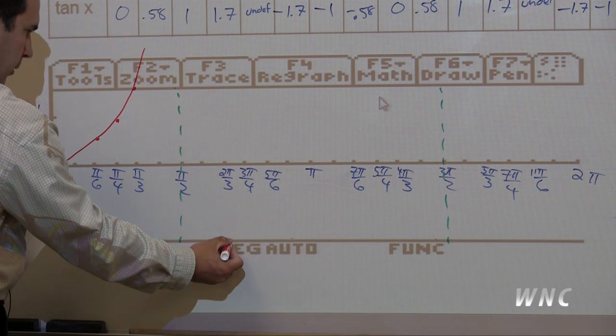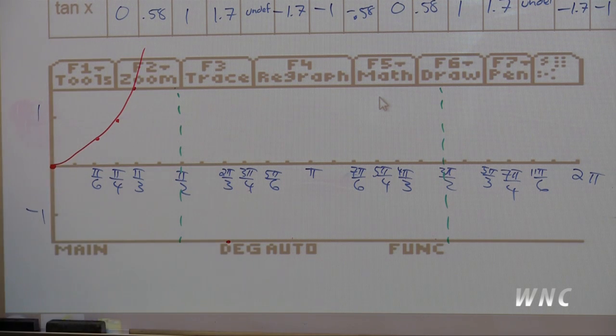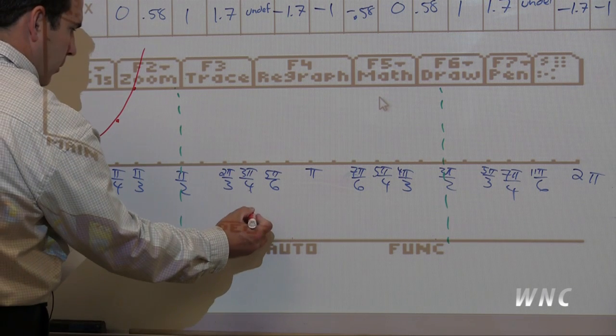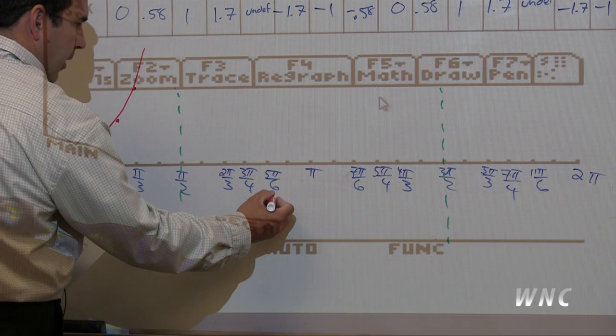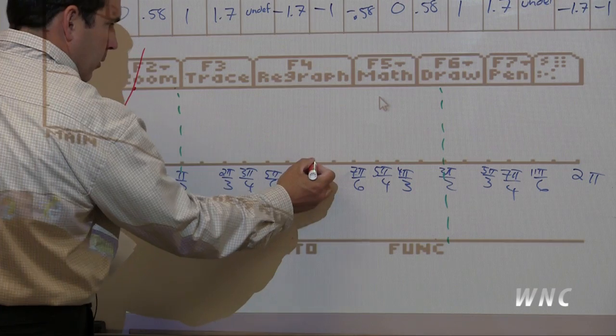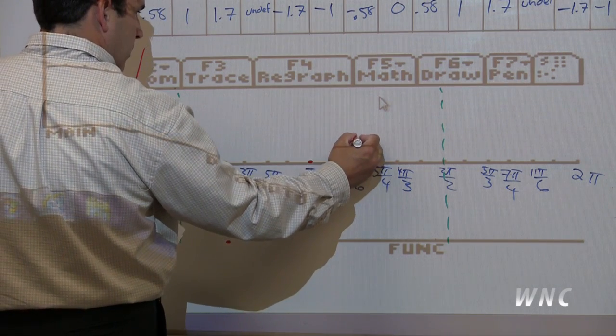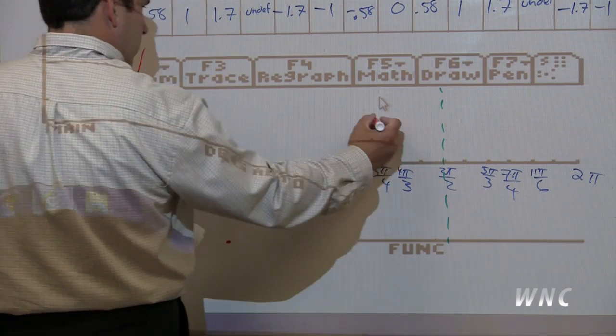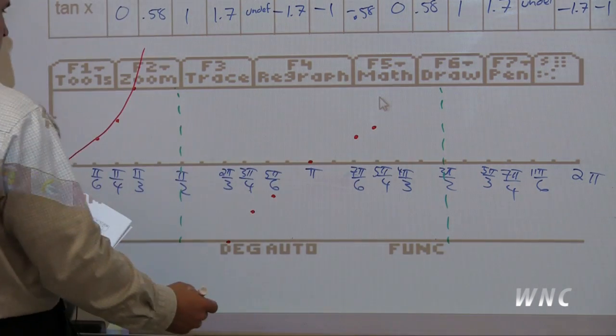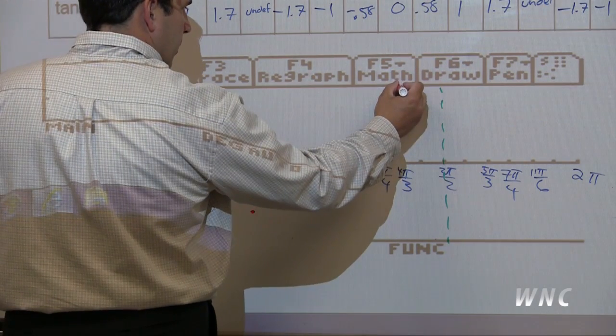And then we're down here, negative 1, negative 0.58, 0, 0.58, 1, and 1.7.